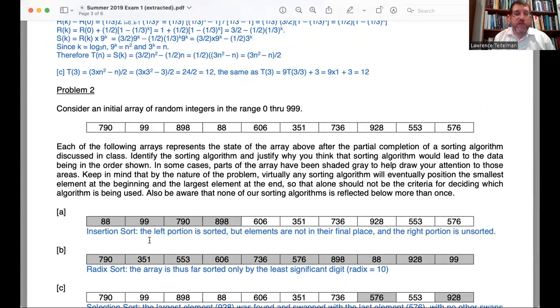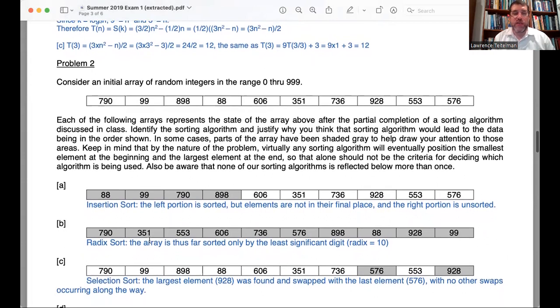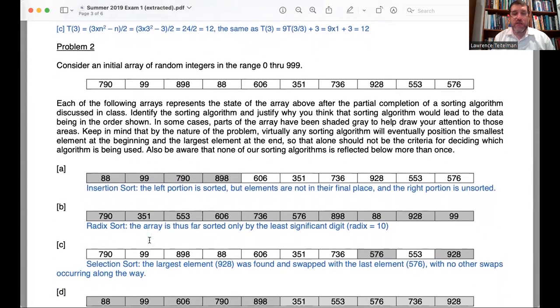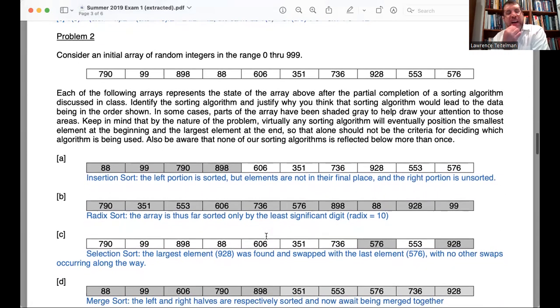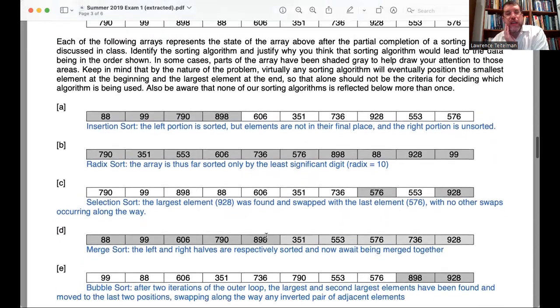You have to figure out sorting the left portion, the right portion is unsorted. Radix sort, it's going by 1 digit. So yeah. Okay, you're not getting that question on the exam, don't worry.